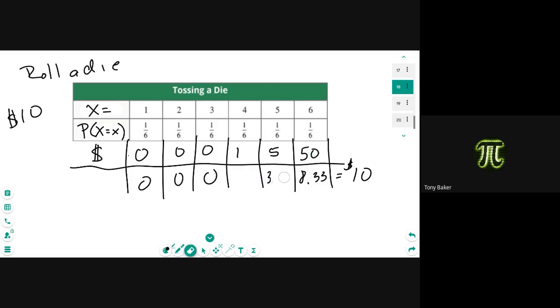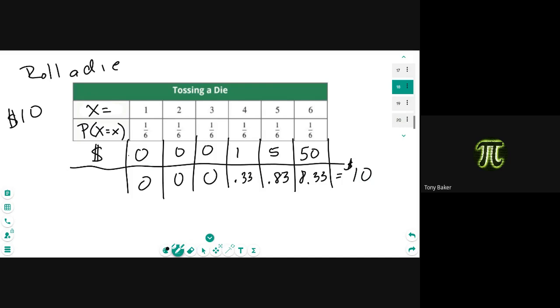Now, what's it at? $9.50. So if I have a chance to take a $10 and this one and roll a die and win $50, people are probably going to play this game.